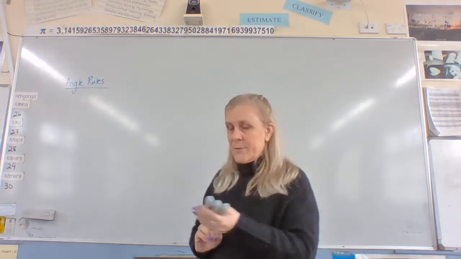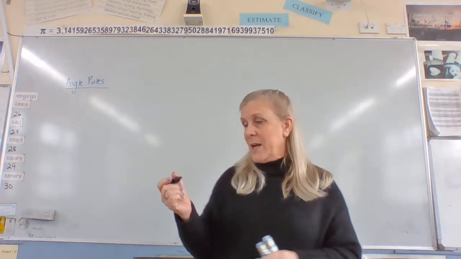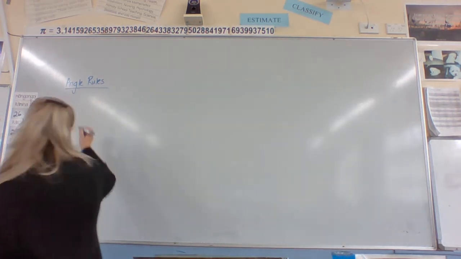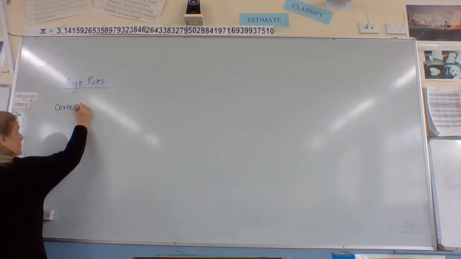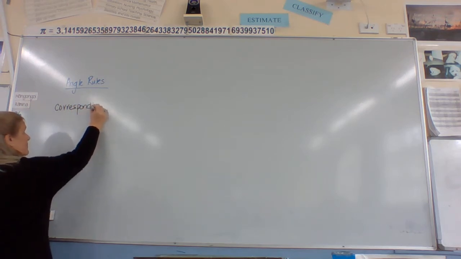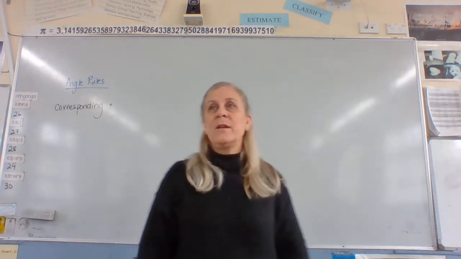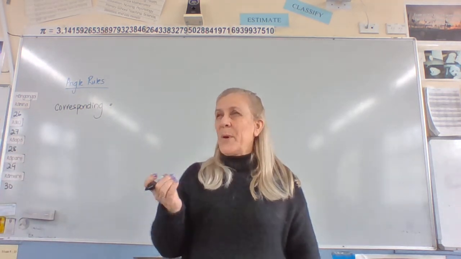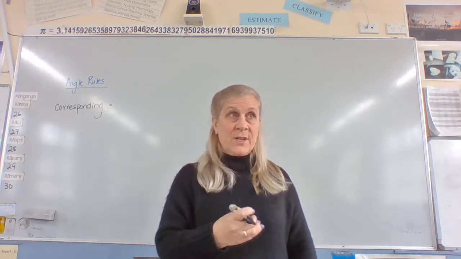So before we start on those angle rules, I want to introduce 2 words. Some of you will have seen them last year. The first one is complementary, all right? So a complementary angle is one that takes the total up to 90 degrees.